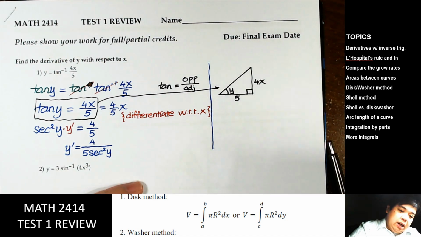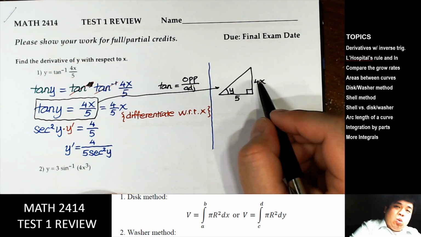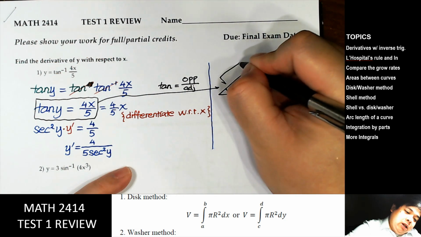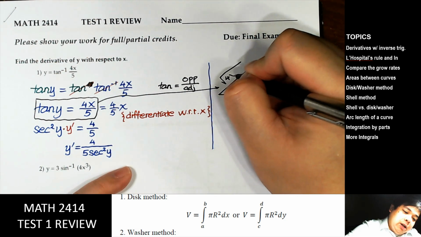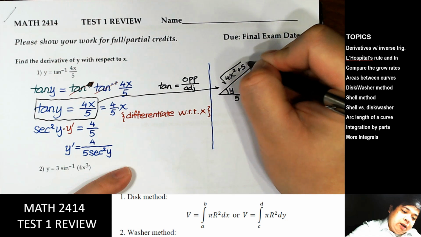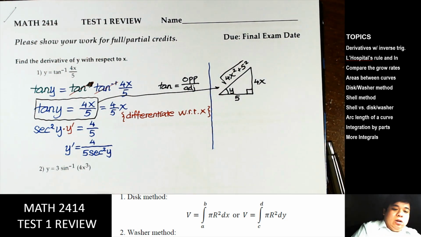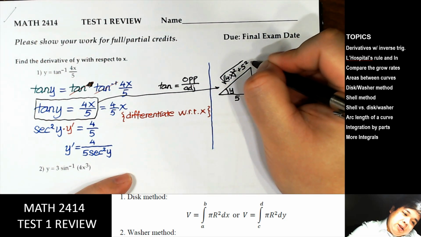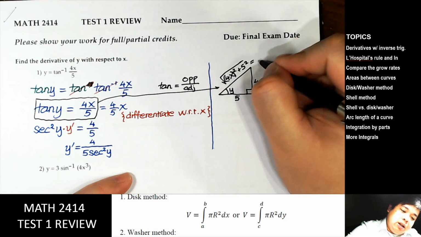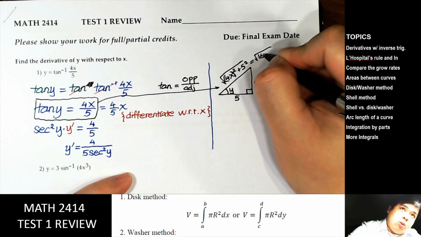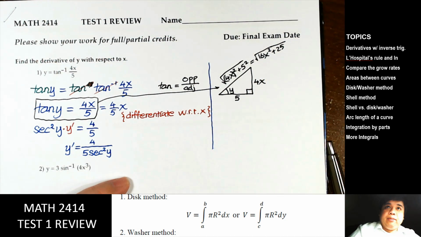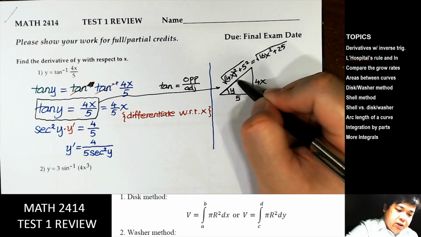And the hypotenuse is the square root of 4x squared plus 5 squared, or the square root of 16x squared plus 25. Right, so that is the hypotenuse.